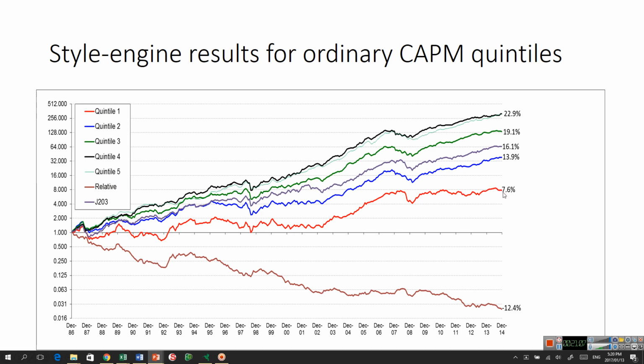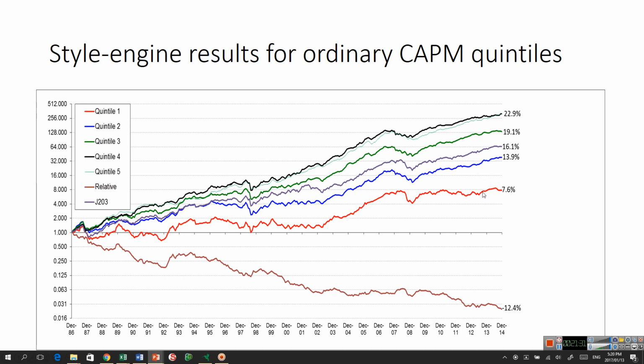And you can see here, the high betas, this is the red line here, are giving us the lowest returns. And conversely, the low beta portfolios, that's quintile 4 and 5, give us the highest returns over the period. And you will also observe that the gaps between these continue to increase. This is a consistent pattern through this.